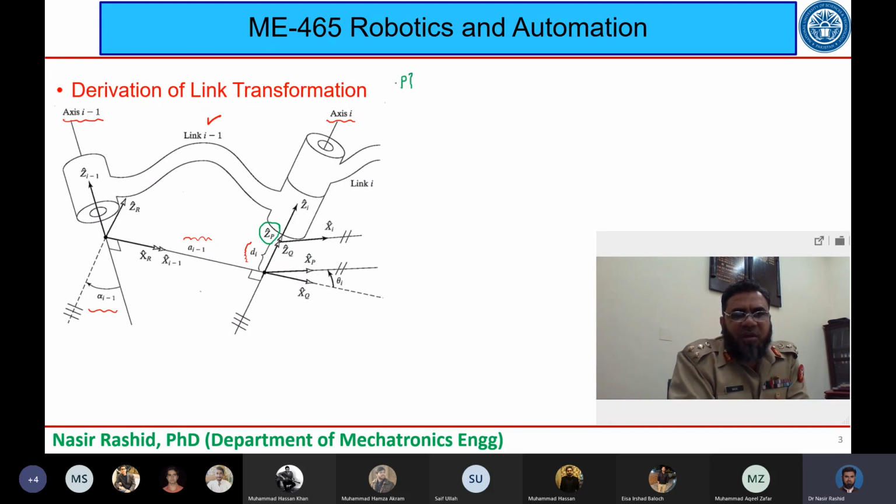Let me just write it down here. So we have included a frame P here, which is XP and ZP. Then we have also introduced a frame Q. Its ZQ and XQ can be seen here. And then we have also introduced a frame R, ZR and XR.